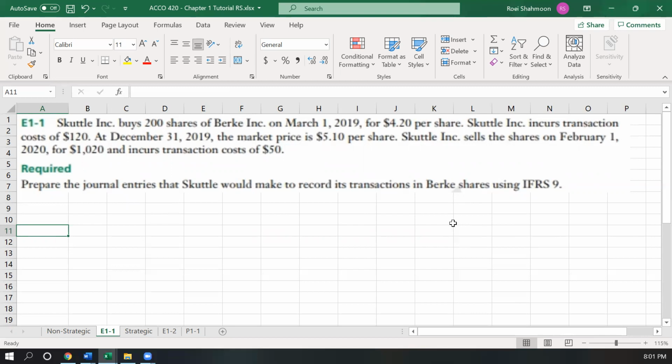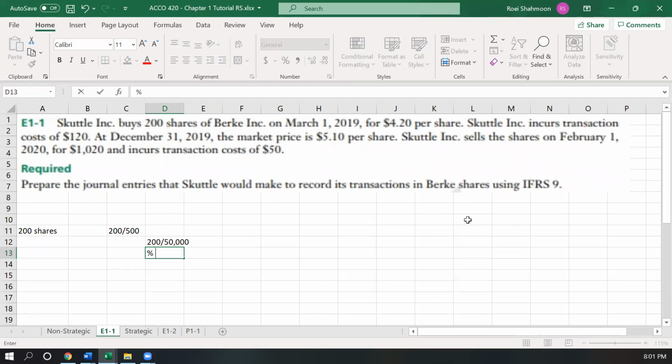how do we know that we're really doing a financial instrument here? We don't really know, because 200 shares, is it 200 out of 500 shares, or 200 out of 50,000 shares? I have no idea. Do they give me a percentage? No, doesn't look like it, right? So the only way to know is, first of all, I know question E1-1 is really about a financial instrument.